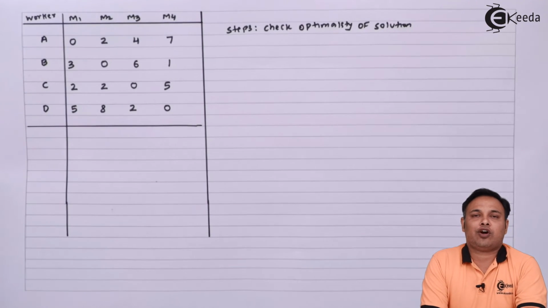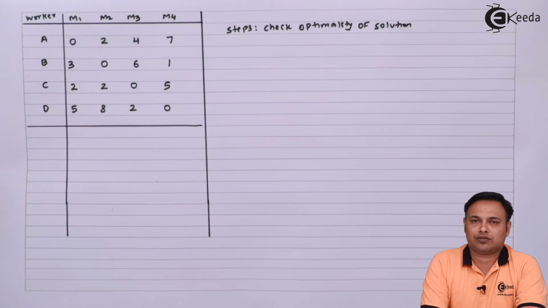For checking the optimality of the solution, we try to cover all the zeros in my table, either horizontally or vertically, in such a manner that all zeros are covered in minimum possible lines. आपको कम से कम लाइंस में सभी जीरोस को कवर करना है और लाइंस आपका वर्टिकल या हॉरिजॉन्टली हो सकता है. You can't draw diagonal lines.